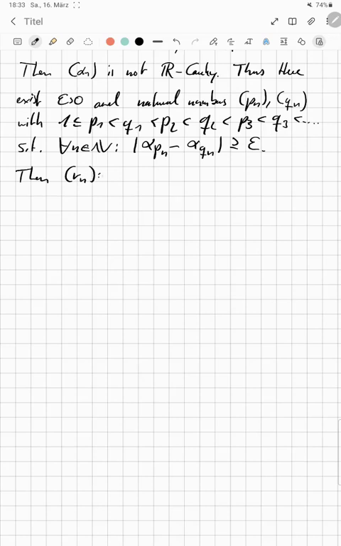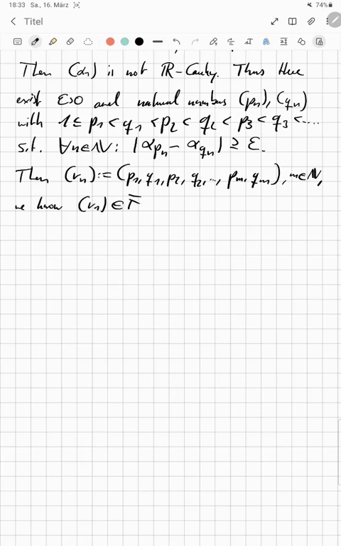Then, if we define Rn to be the following sequence, P1, Q1, P2, Q2, all the way up to some Pm and Qm for a fixed m from the natural numbers, we know Rn is an element of F, and that the norm of this vector right here, alpha n En, we only sum up to Qm in the A norm.